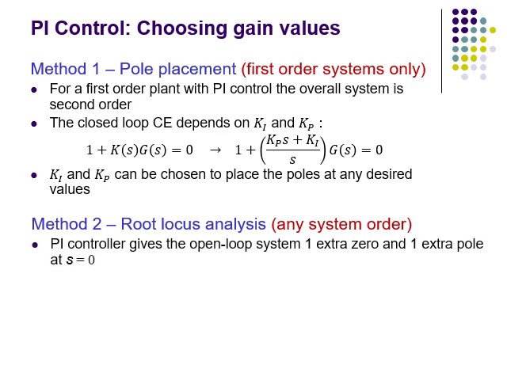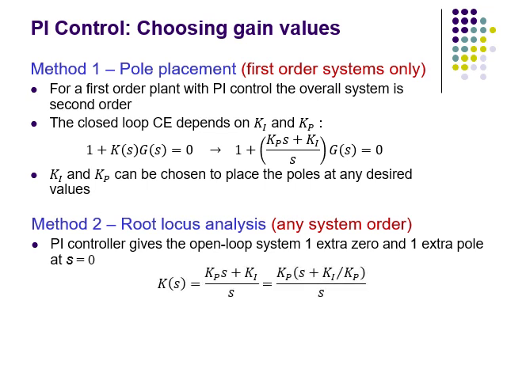The root locus will depend on the poles and zeros of the open loop system, and with a PI controller we're going to have some poles and zeros which come from G. So we have poles and zeros that come from the plant, but we also have poles and zeros which come from the controller. If you look at the transfer function, you can see that the PI controller has 1 zero and 1 pole at s equals 0.